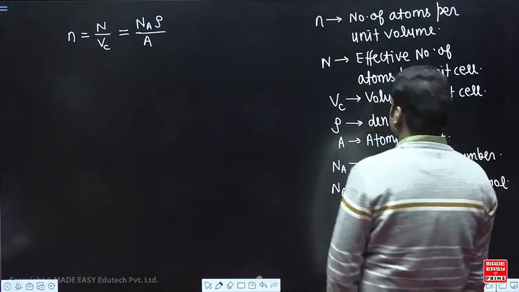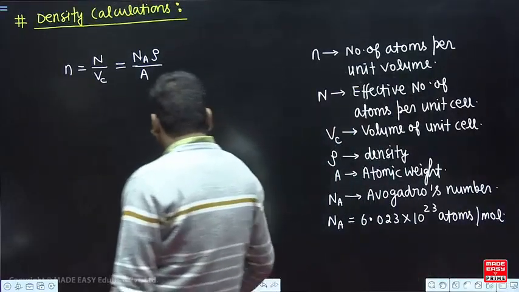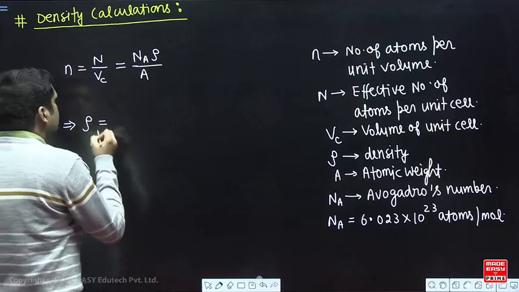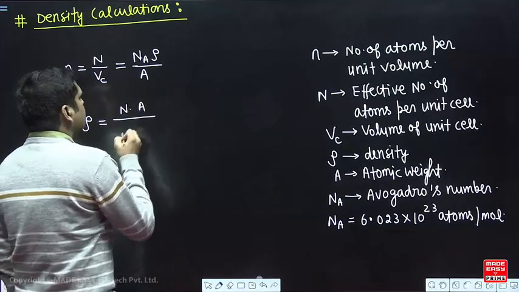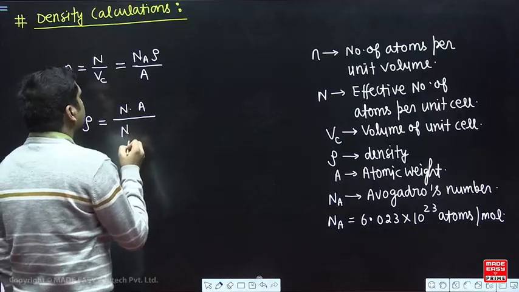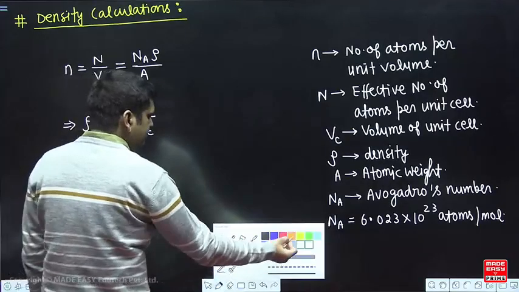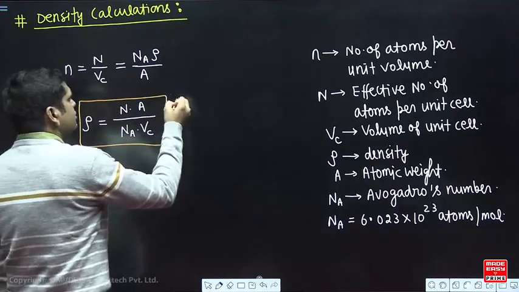This is Avogadro's number. Now, please see. From this we have ρ = n A / (N_A Vc). This is density.